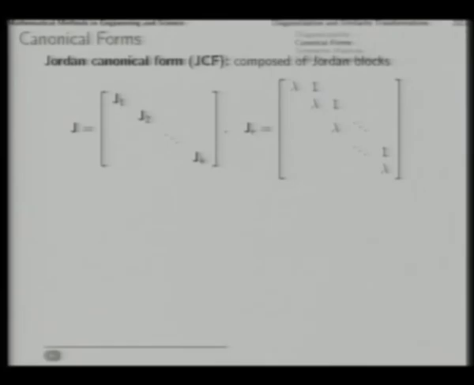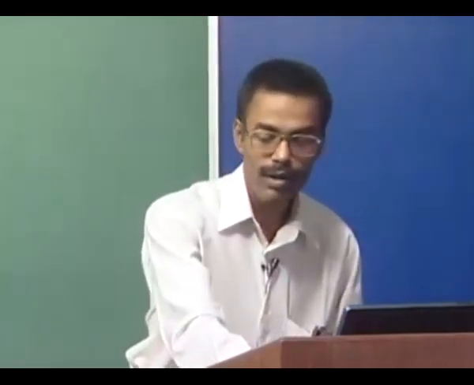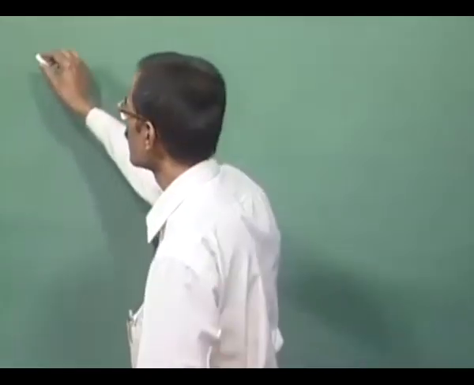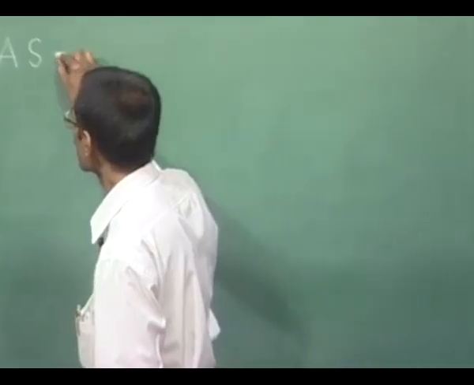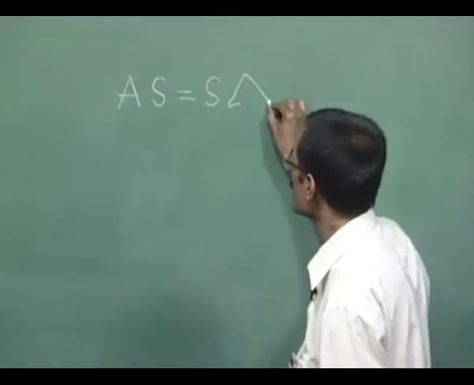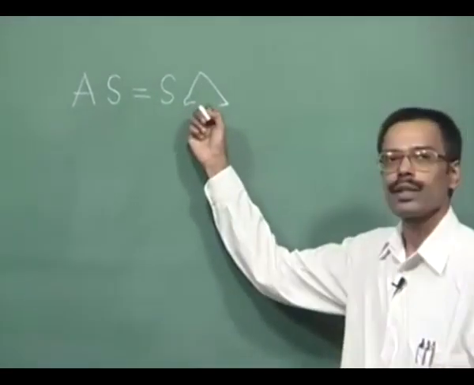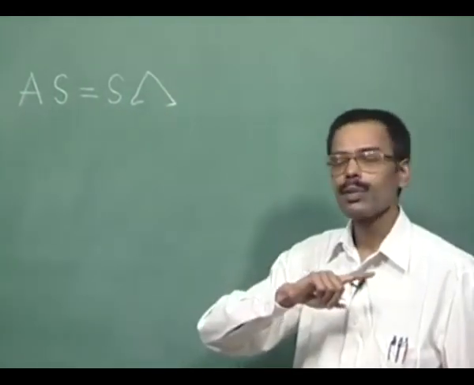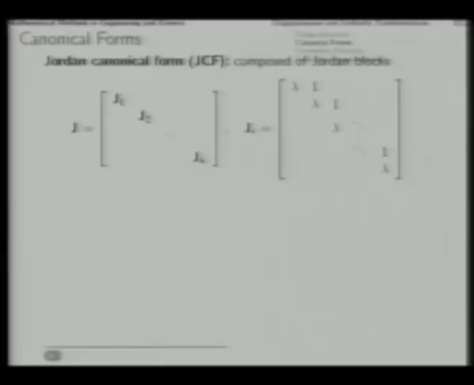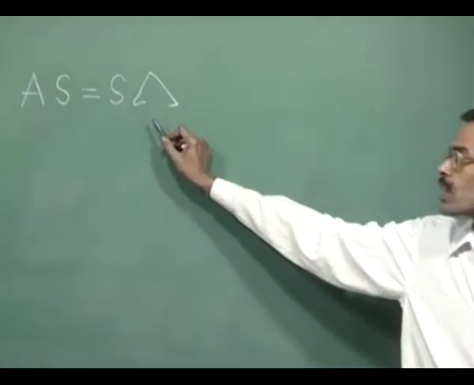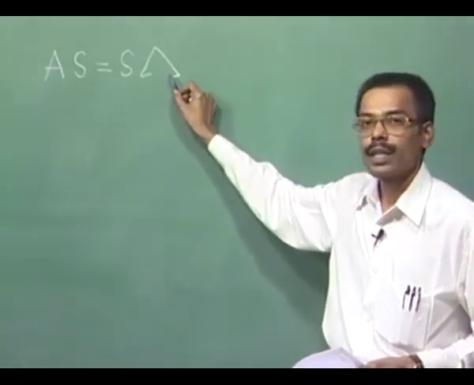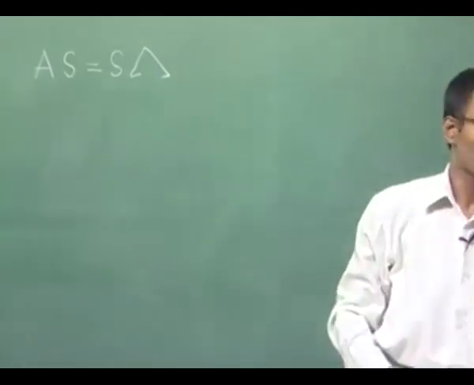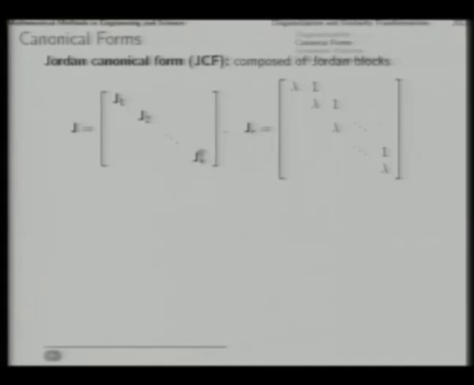Now, unlike the previous case of diagonalization, where we looked for a suitable matrix S such that Lambda is diagonal, here we will look for this J sitting in place of Lambda. So, the reduction will not always be possible to the diagonal form, but it will always be possible to the Jordan canonical form.